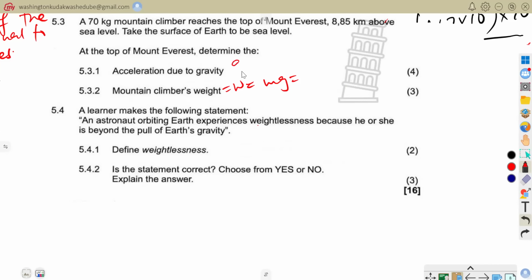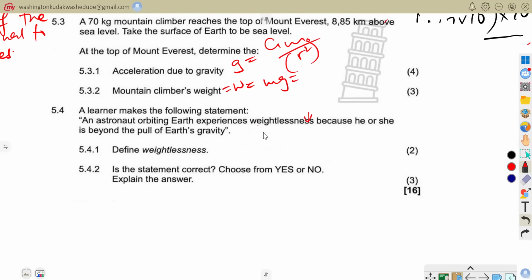And then g is equal to GM, mass of the object, divided by the distance from the center of the Earth. Define weightlessness. What can be defined as weightlessness?